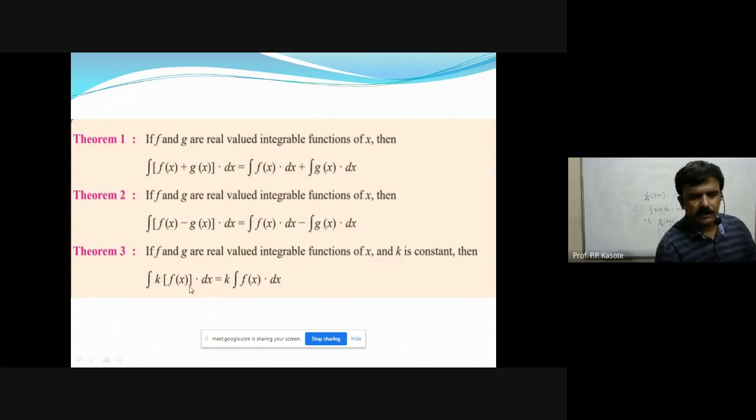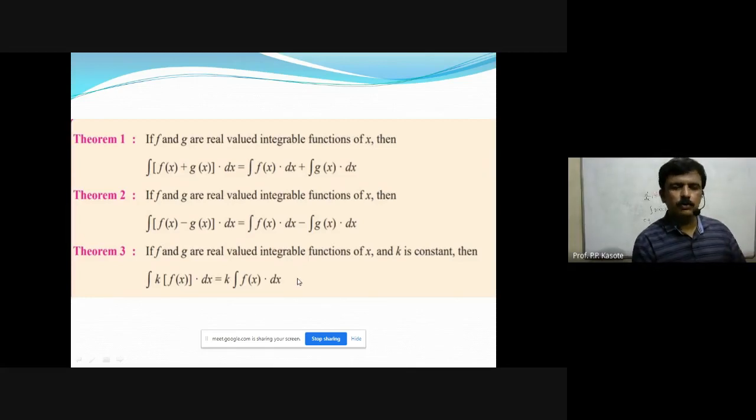Please check the third result, which is there in differentiation also; we take the constant outside. Here also we have taken the constant outside, and we are simply evaluating the integral of f of x dx. So this is all about the rules of integration. We need to follow these rules while evaluating the integral of the given integrable function.